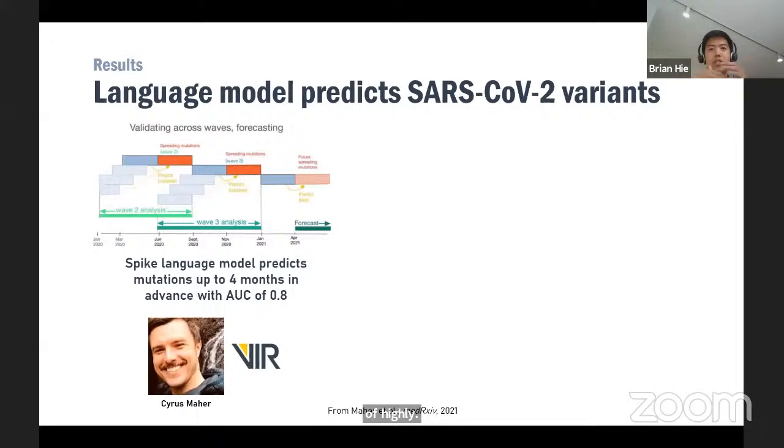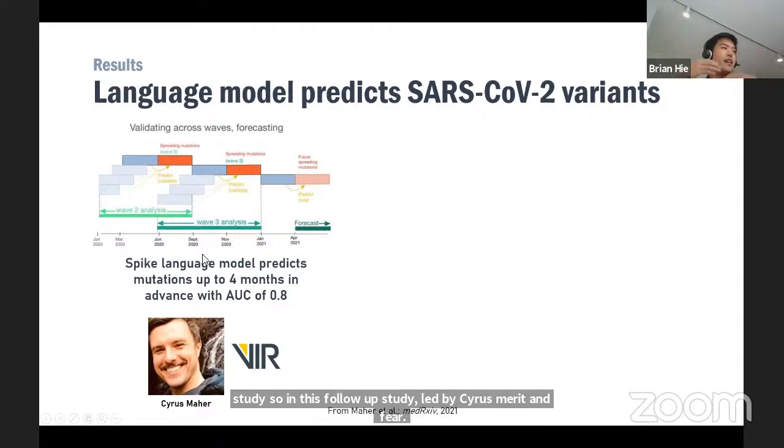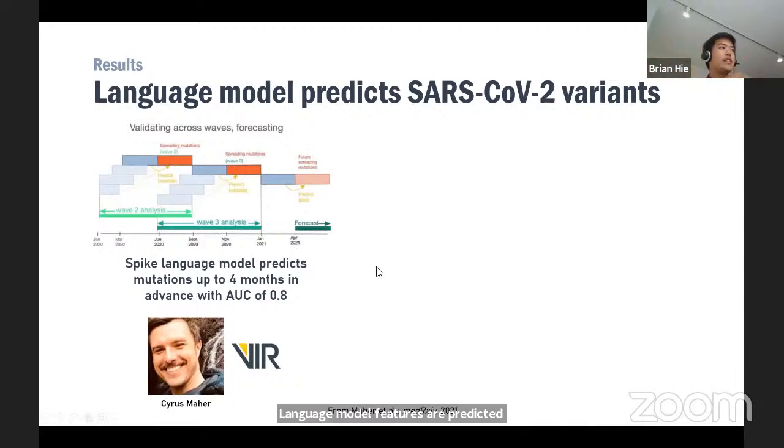So you're probably wondering if this model would be predictive of emerging SARS-CoV-2 variants, and indeed we did do this analysis in a follow-up study. In this follow-up study led by Cyrus Mayer at VIR, we can actually show that spike language model features are predictive of mutations that arise in circulating coronavirus variants up to even 4 months in advance with a high AUC of around 0.8.